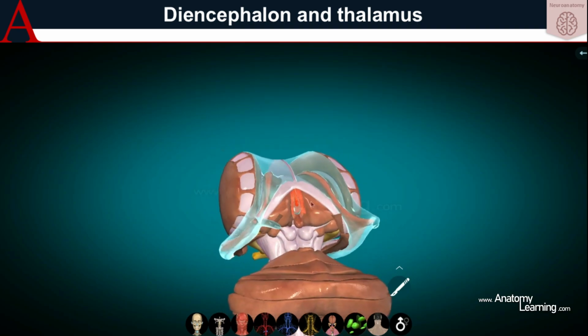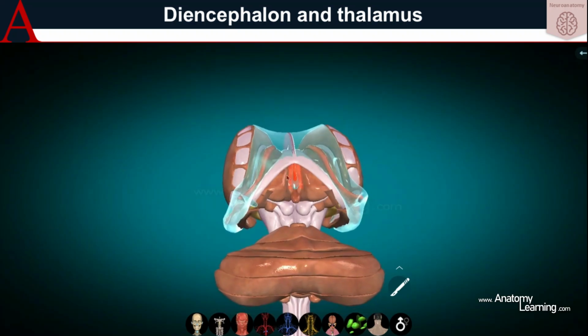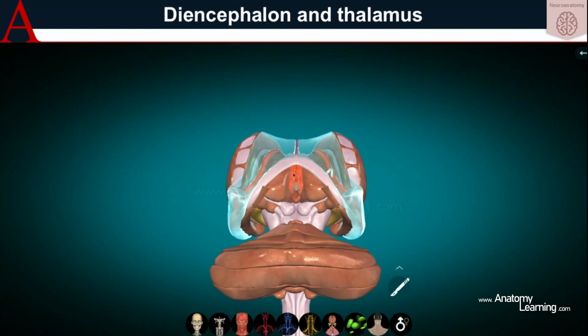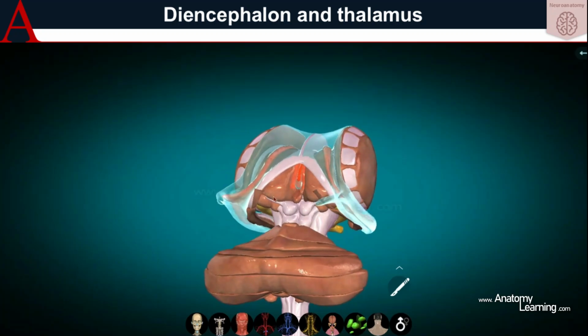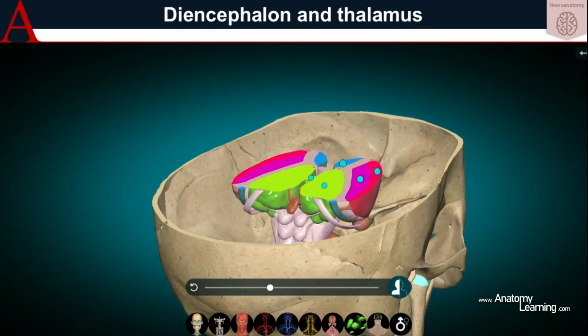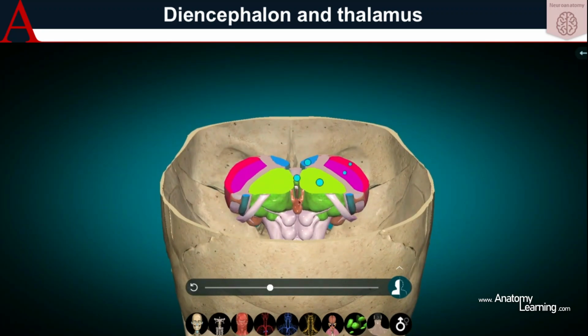In the posterior portion of the superior surface, we find the habenula, a fibrous cord that medially limits the epithalamus with its attached nuclei, situated in a triangular region called the habenular trigone. The habenular trigones extend backward to the pineal gland, the primary structure of the epithalamus.